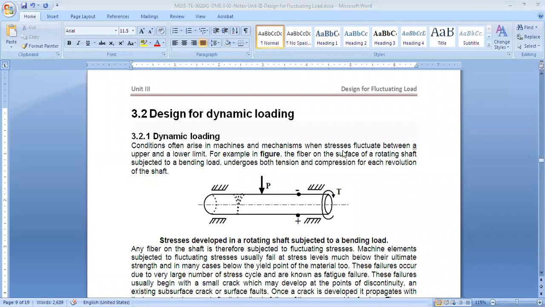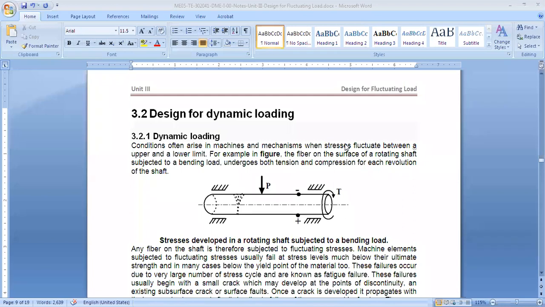So what is happening is that the load is changing. Like your fan: when the fan is not rotating, the load is the dead weight of the fan, a tensile load working on it. But when it starts rotating, you are twisting it, applying torque on it.